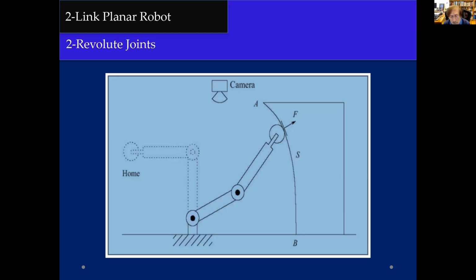This robot may be working for grinding or painting a surface, and to make things a bit more complicated, the surface is not a straight surface, but it has got a curve. And to make things simple, everything is confined to a 2-dimensional plane here, or 2-dimensional space.